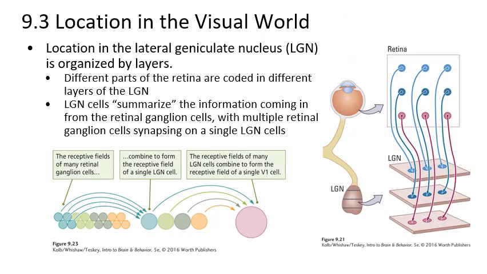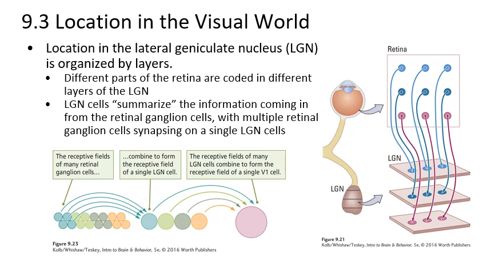Once information about location in the visual field, like the location of an object, gets to the LGN, it's organized into layers of the LGN, so different places in the visual field are coded in different layers. And the LGN cells summarize the information coming in from the retinal ganglion cells.